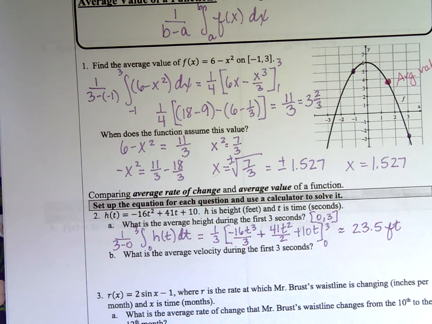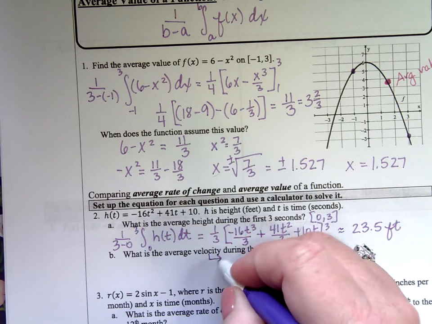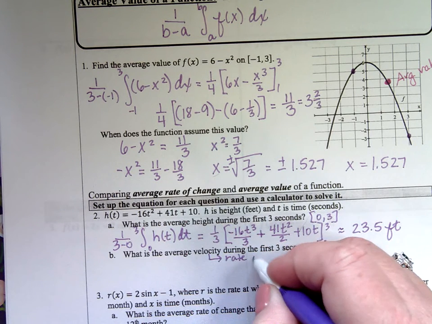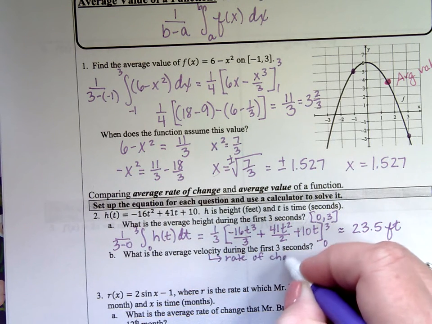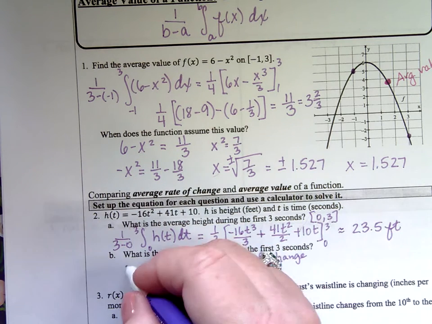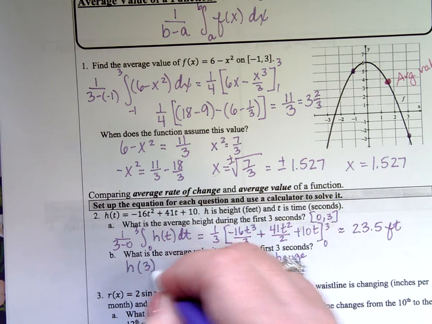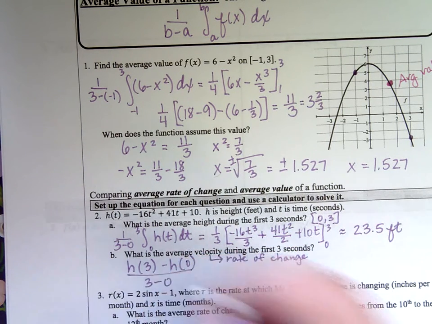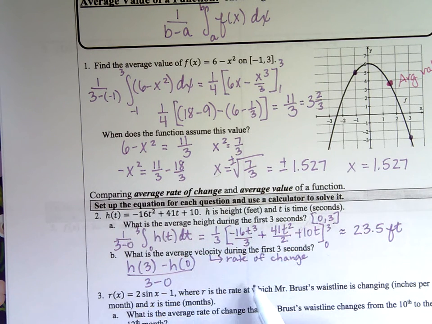Now, isn't velocity already a rate of change? Velocity is a rate of change. And so if that's the case, then this time what you're looking for is h of 3 minus h of 0 over 3 minus 0. This one is a little bit different because it's the rate of the rate. And if I'm the rate of the rate, then I'm looking at the slope there.